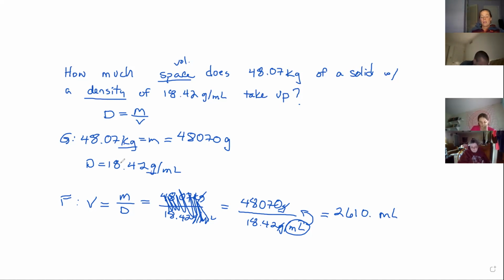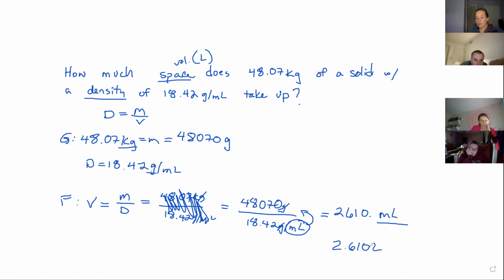So yes, make sure your units are matching up. If the problem doesn't explicitly say what unit it wants it in, just give it the unit that it pops out in. So it popped out in milliliters. But let's say the problem instead said how much space in volume in liters. If it wanted us to convert it to liters, we could move the decimal back 3 spots, and it would be 2.610 liters.